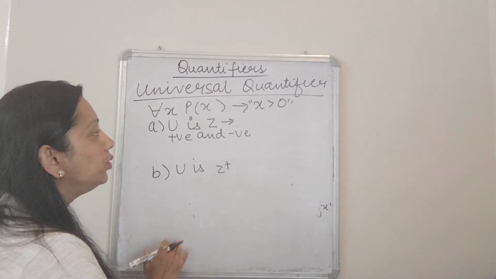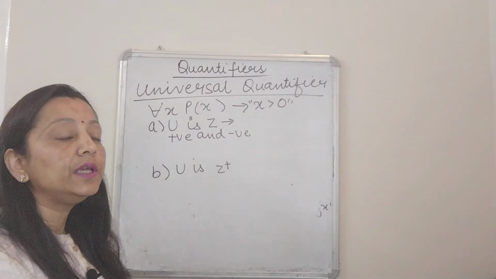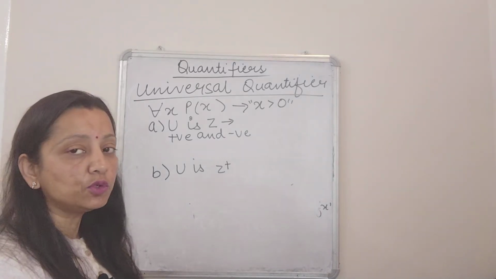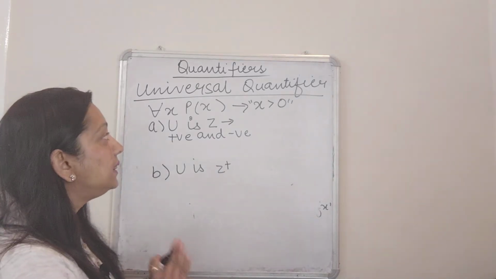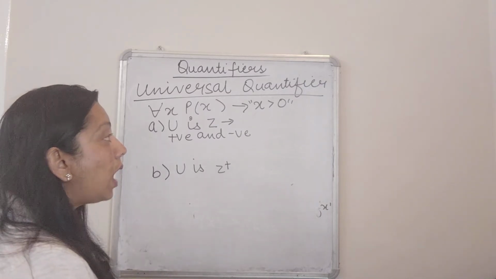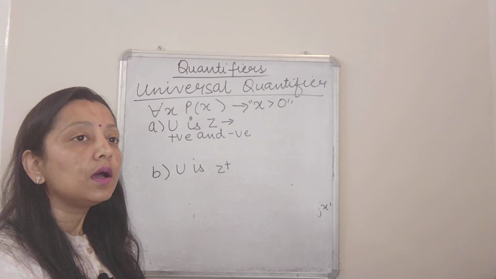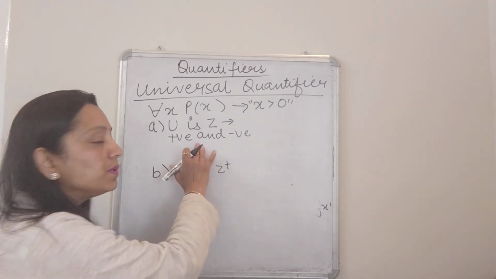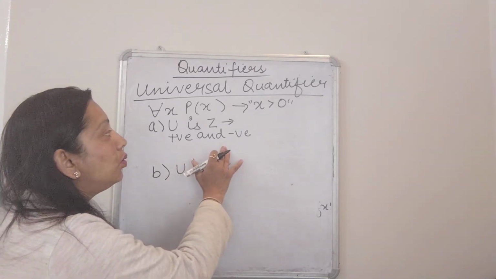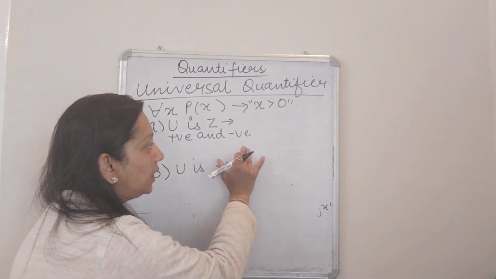Since this is a universal quantifier, even if for one value of x, p of x is found to have a truth value false, then p of x cannot be considered a proposition. So out of so many values, how will I find out whether it is a proposition or not? By taking a counter example. Now, as you know, integers also consist of negative numbers.